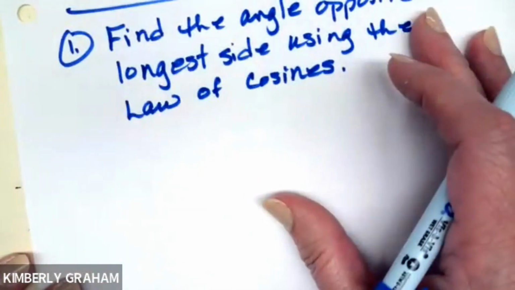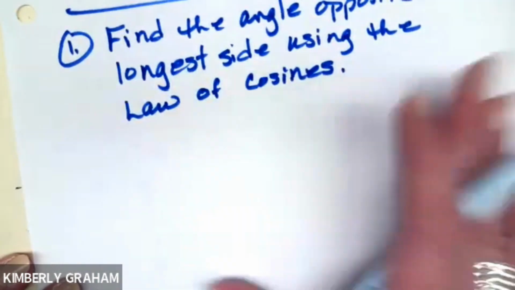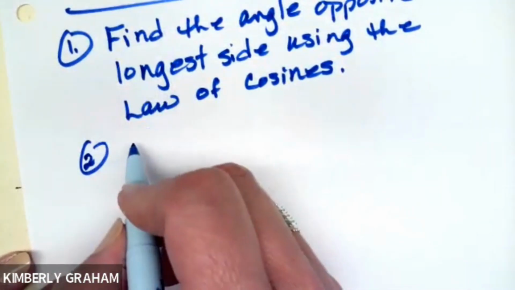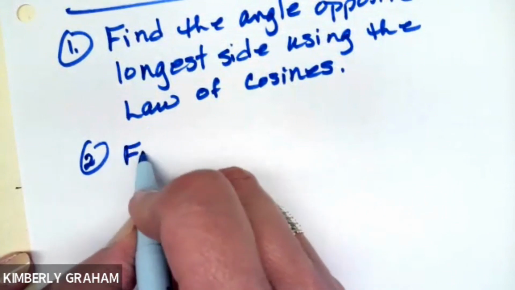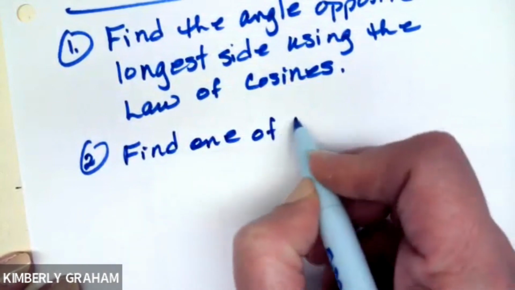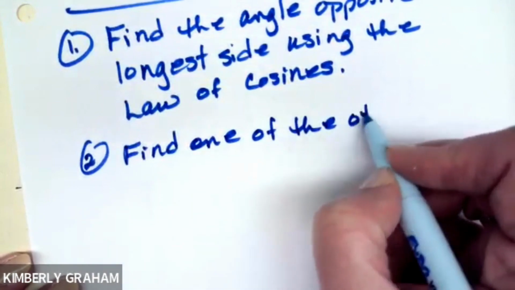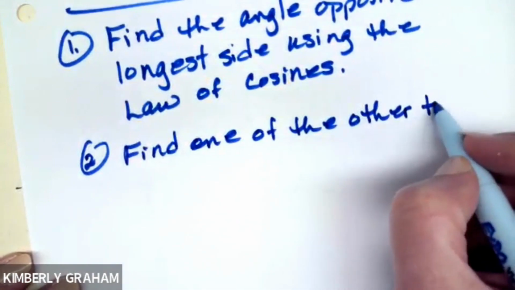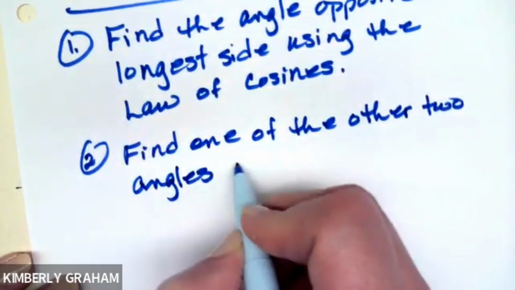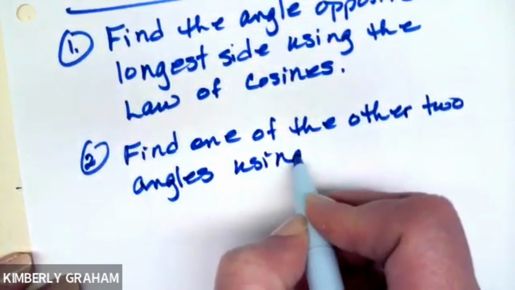So that would be my first step: find the angle opposite the longest side using the law of cosines. And then I'm going to find one of the other two angles using the law of sines.